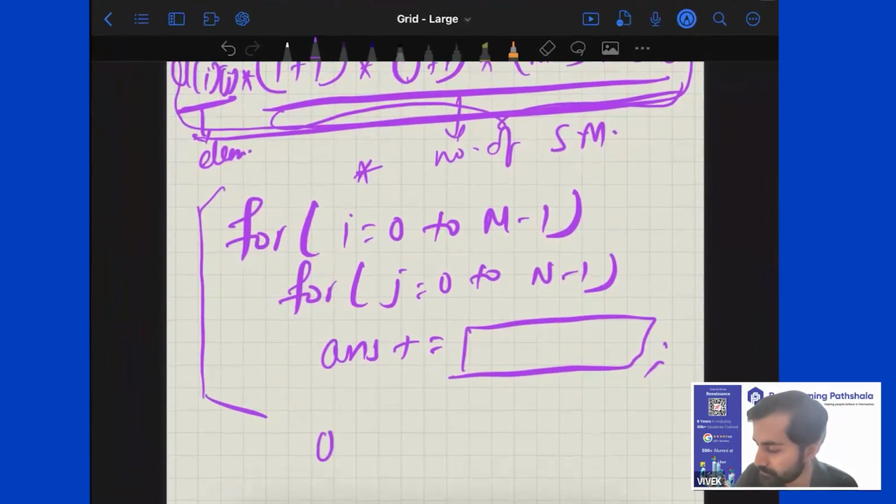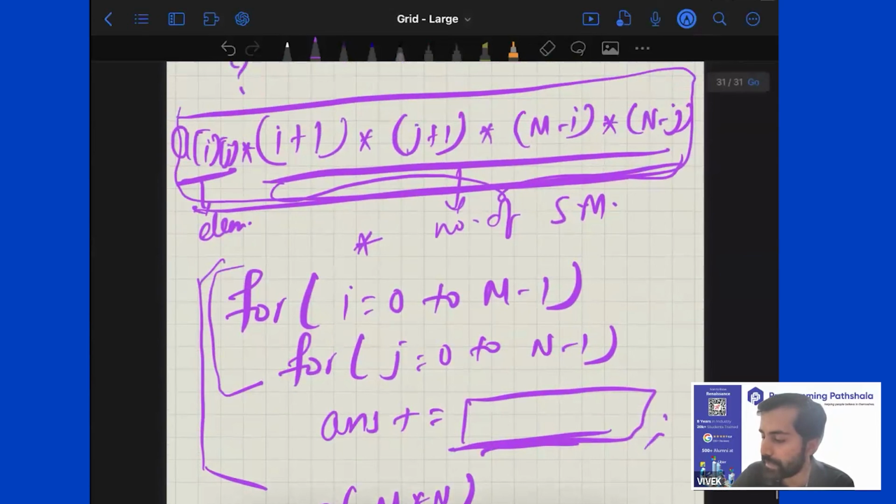Order of m into n, right? Because this nested for loop runs m into n times, and every time you are doing constant work, just multiplying some integers. Of course, you will have to use modular arithmetic, because the chances of integer overflow are very, very high, since you are doing so many multiplications. So you will have to take care of that.